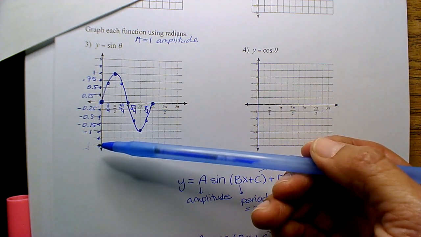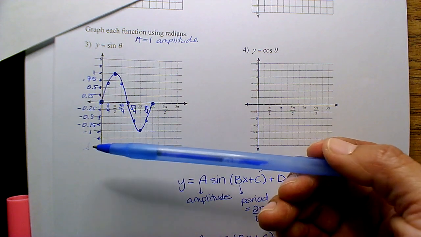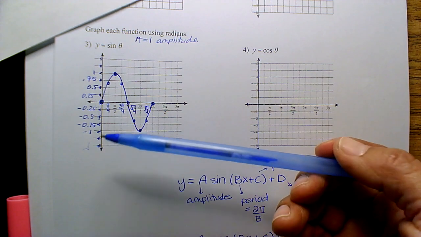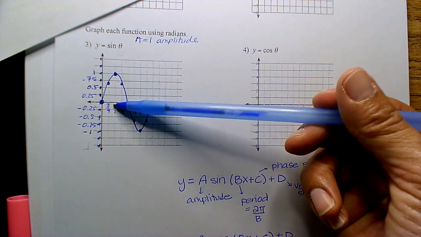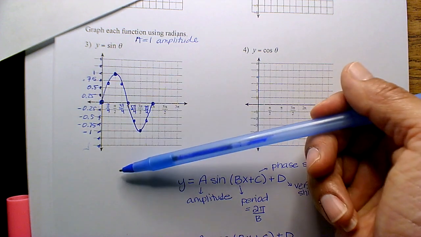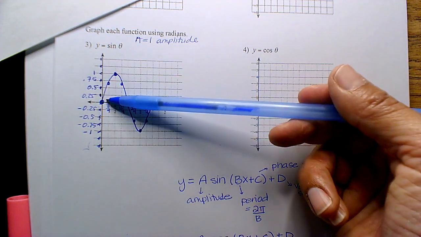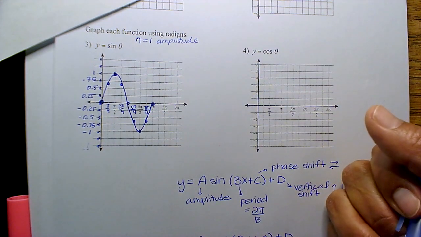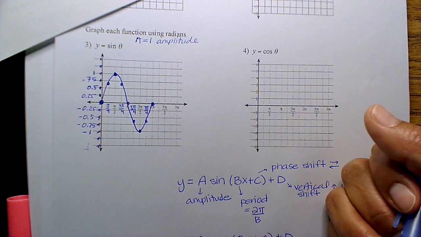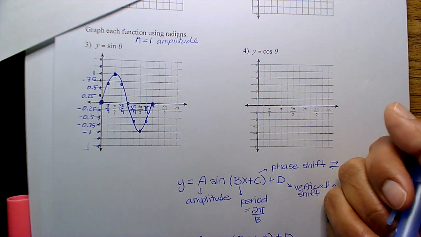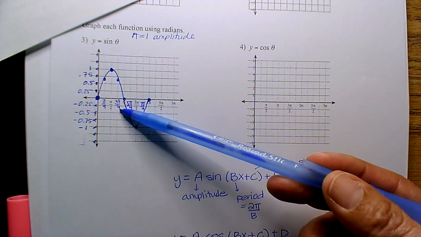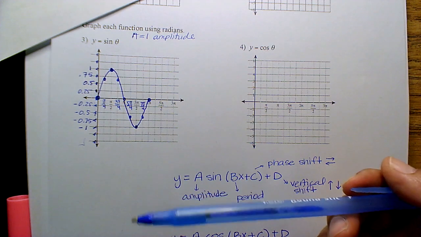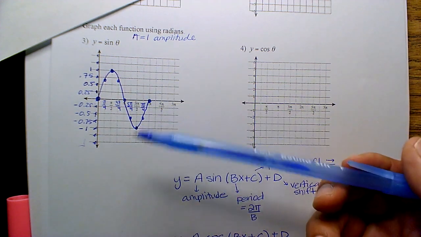If your amplitude was 4, you would be 4 units max away and 4 units min below. So your amplitude defines your high and your low, your min max, from your starting point. But right now, we're just at the origin 0, 0. When we start shifting, you'll get all of your radians locked in, so you're going to use all those points. But for here, that's all it is.